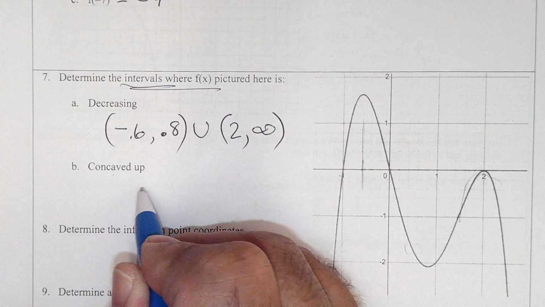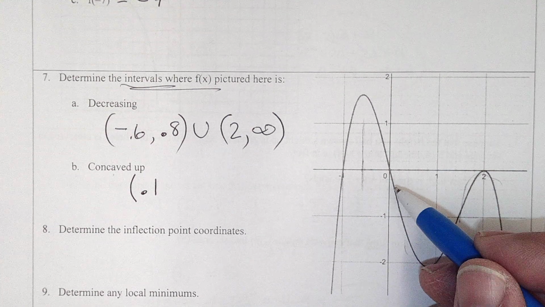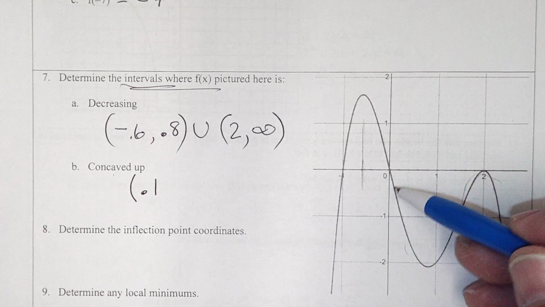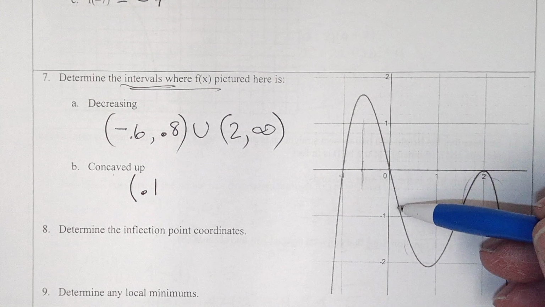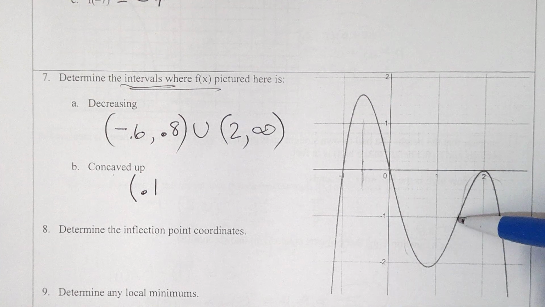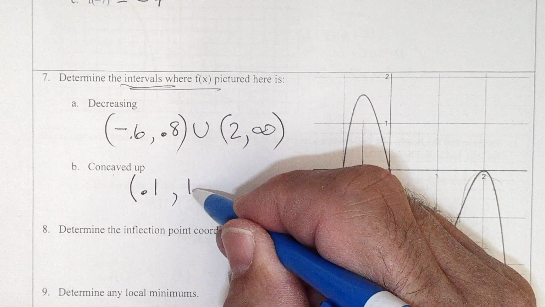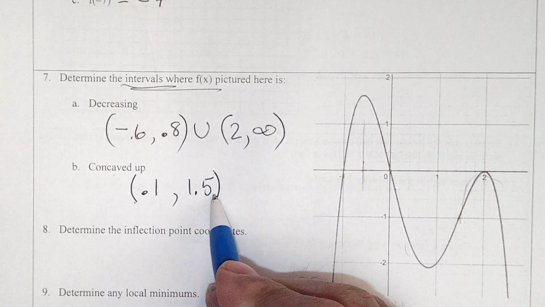I'll just put 0.1 is where it's changing from concave down to concaved up. You could have used 0, you could have used 0.2, something where it's curved up until about here, which is about 1.5. And we never include where it's changing.